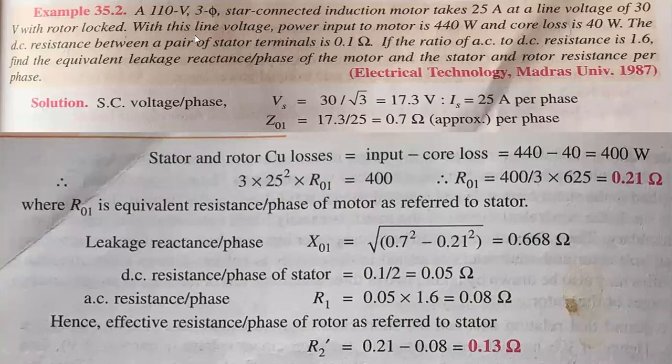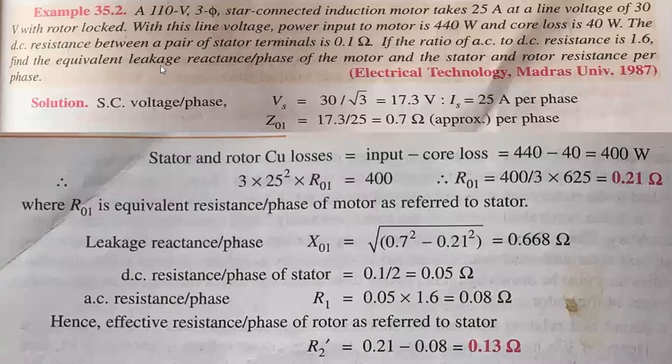With this line voltage of 30 volts, the power input to the motor is 440 watts and core loss is 40 watts. The DC resistance between a pair of stator terminals is 0.1 ohms, and the ratio of AC to DC resistance is 1.6. This is most useful, 1.6.